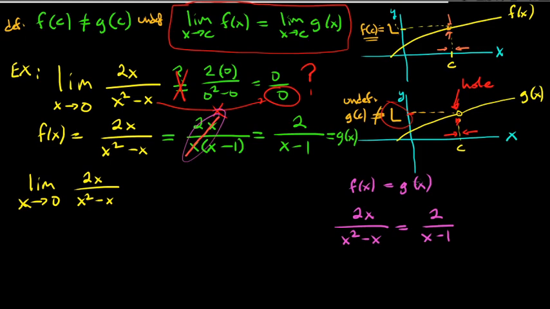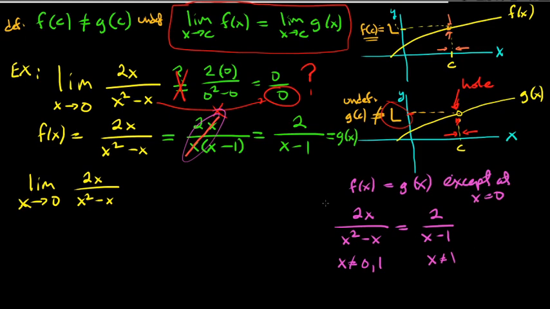However, by doing that, you are affecting the domain. The domain of f is that x cannot be 0 or 1. But for the domain of g, x could be 0. It still can't be 1, but now 0 is okay. So these are equal, except at x equals 0.